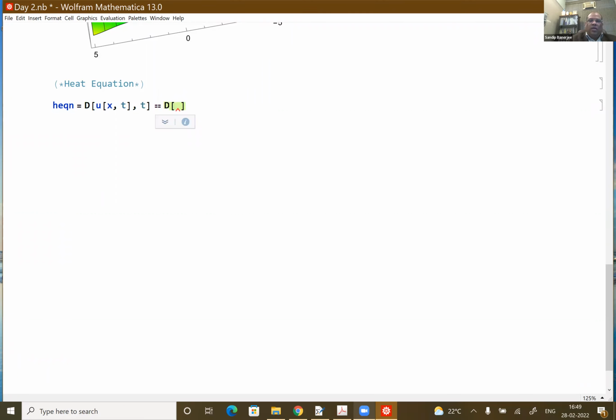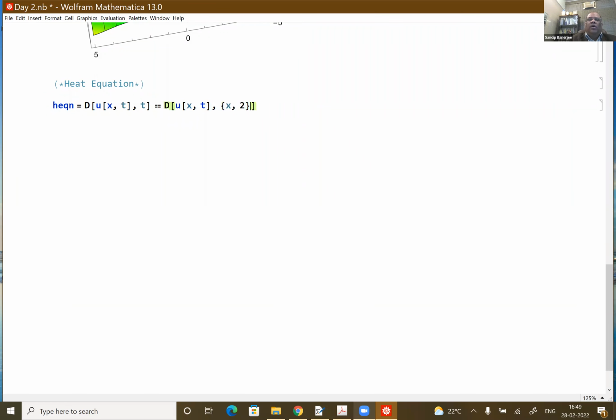Otherwise, it takes a lot of time. This is another way of writing. So it says del u del t equal to del 2u del x square. I could have put some constant here, really doesn't matter.